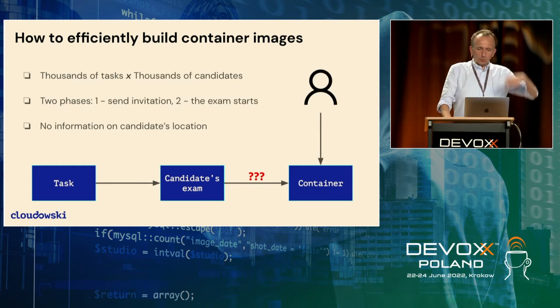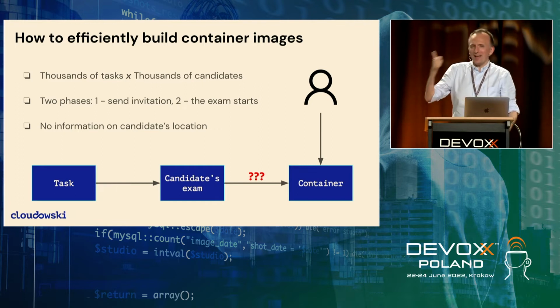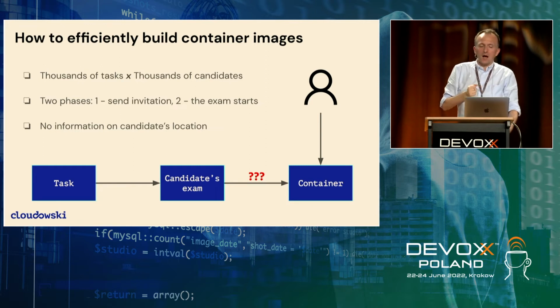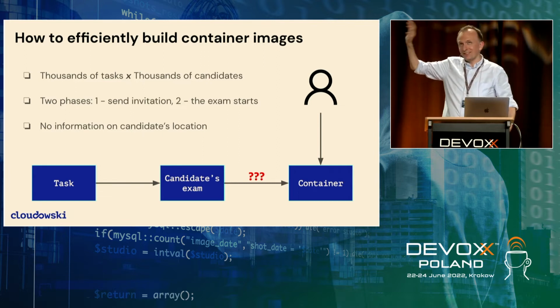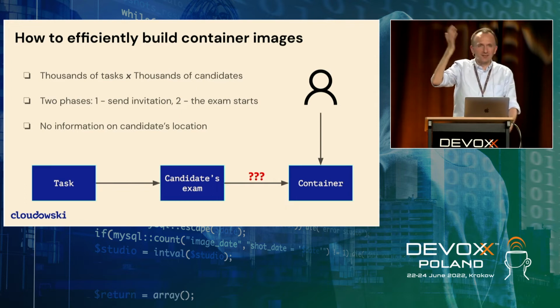But we didn't actually know a few things which turned out to be crucial. We didn't know when a candidate will join or start the exam, and where they will connect from, which location, from some island on the Pacific, on the Atlantic Ocean, or maybe from Poland, I don't know.